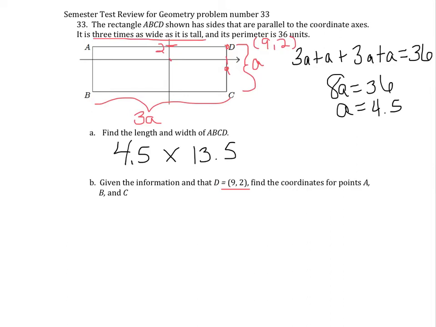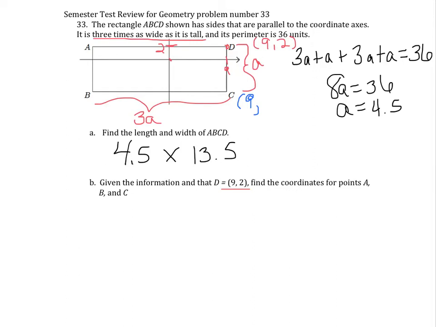From this, I also know that point C would have the same distance horizontally from (0, 0). If D is 9 to the right from the origin, since C is just below it, C is also 9 right from the origin. So C has an X value of 9. Now I have to figure out what the Y value would be. The length of D to C is 4.5; that's what we found A to be.